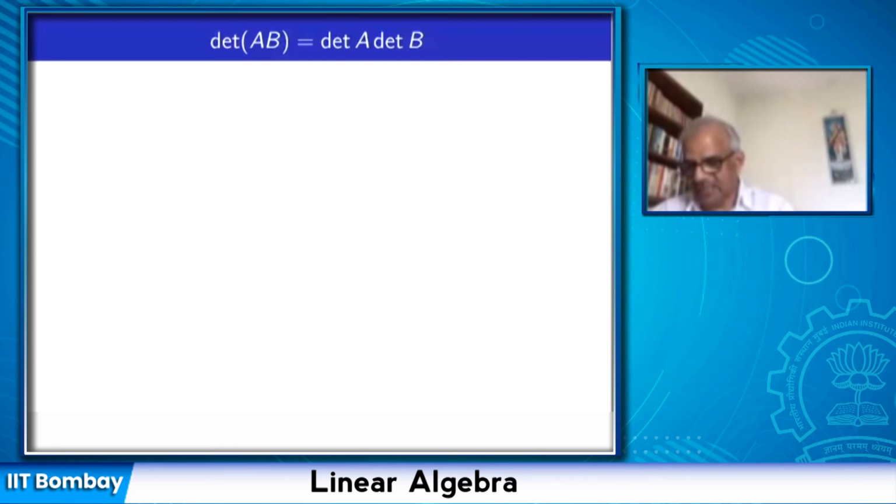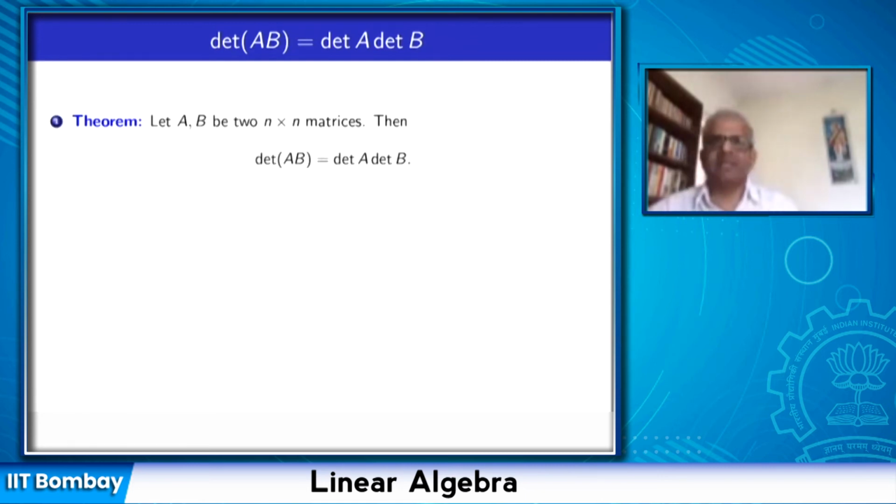The left hand side is a function on n by n matrices, but we are looking at the product. The right hand side is the product of two determinant functions. We will show that they are one and the same.